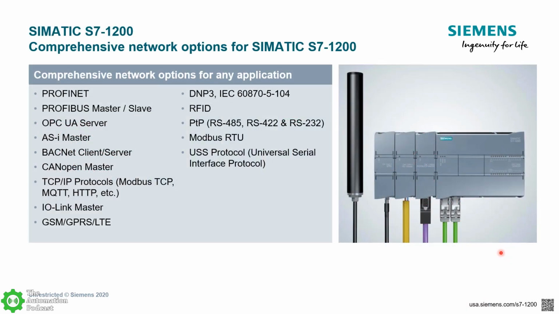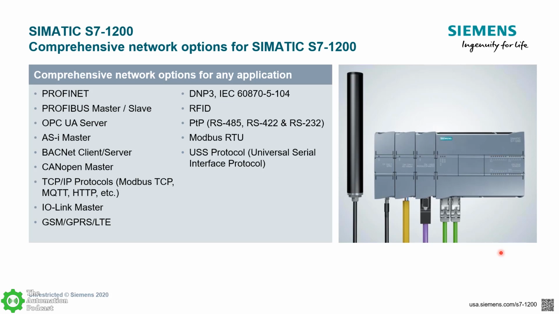This kind of just summarizes all the different protocols that you can get from the 1200, either via the integrated Profinet port or through the expansion communications cards. You can see, there's pretty much covers most of the major protocols on the market today.